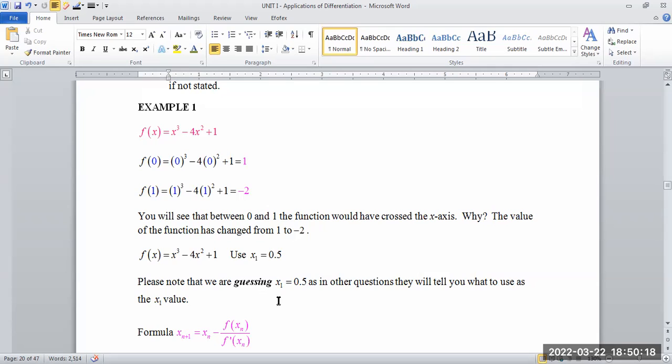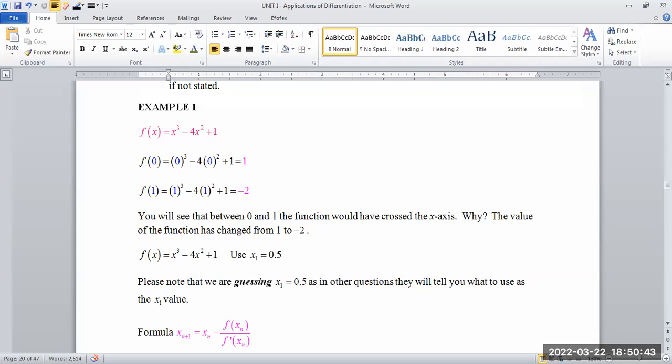I don't normally teach it with x subscript 0 because I want you to recognize that the subscript is representing the number of iterations. But if the question gives you x0, if they say to use x0 as 0.5, you know that your first iteration is going to be x0. So when you do x1, you know that it's going to be your second iteration. So you have to be very consistent with that.